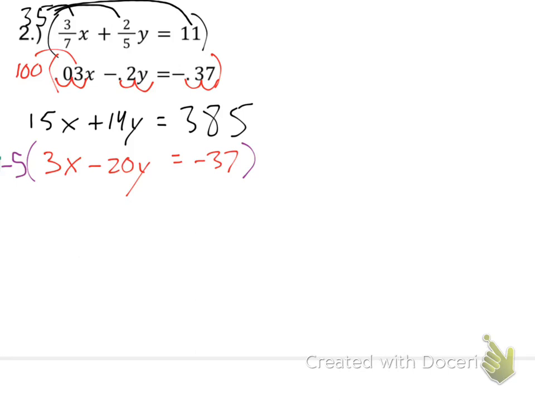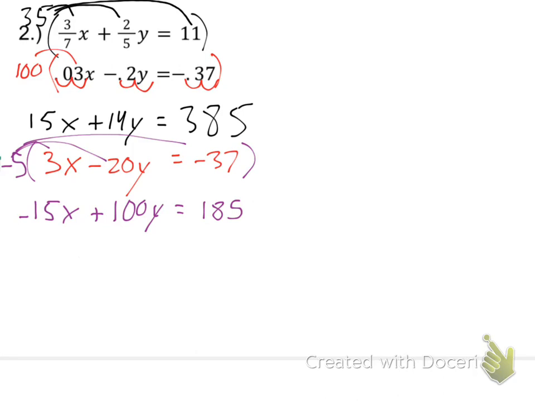So that's why I'm going to multiply by negative 5, so that I get a negative 15. Distribute through it, it's a negative 15x. Negative negative makes a positive 100y. And again, a negative negative makes a positive, and it ends up being 185. Using the same method from before, but the distributive property.